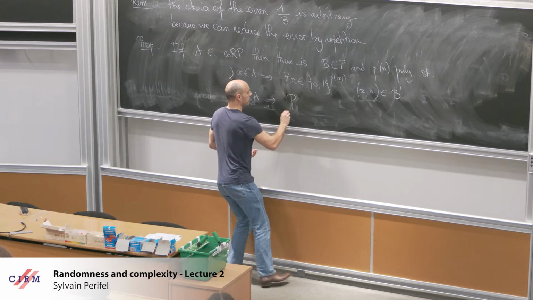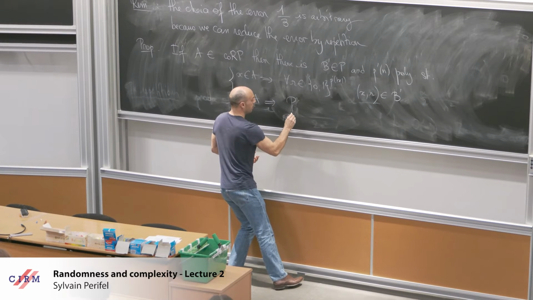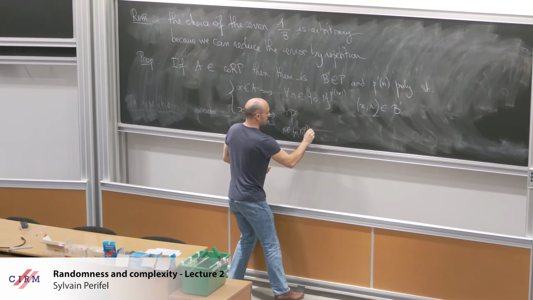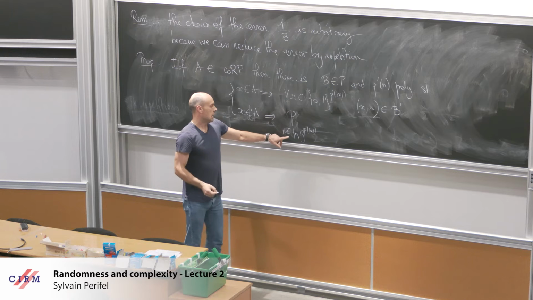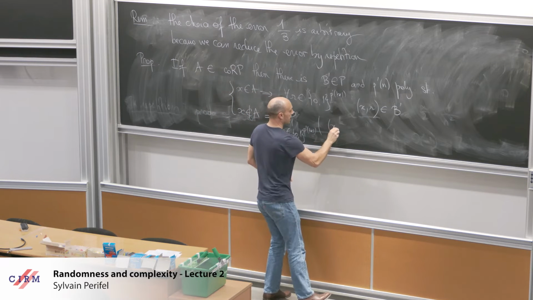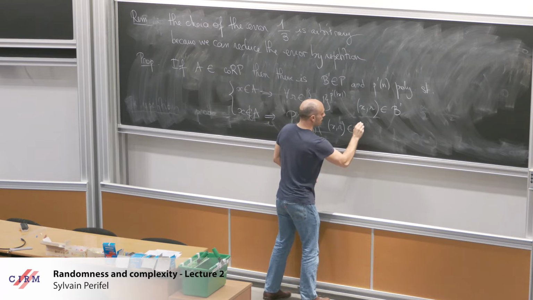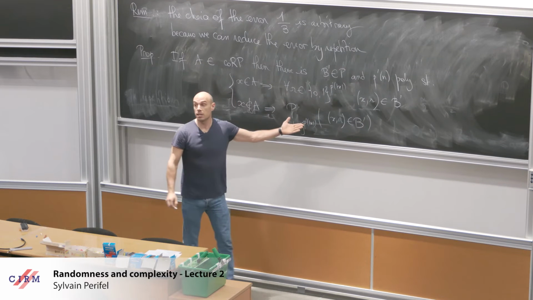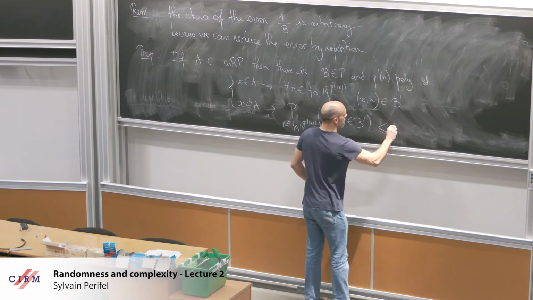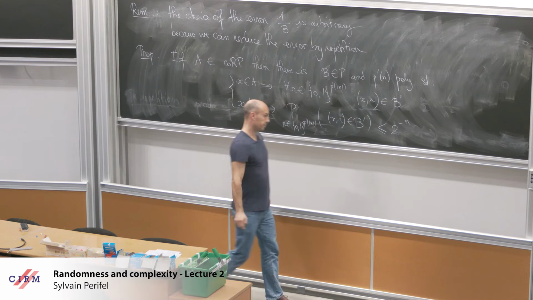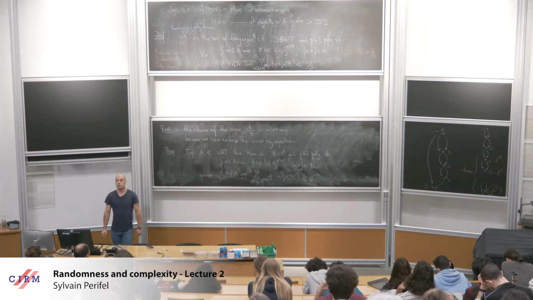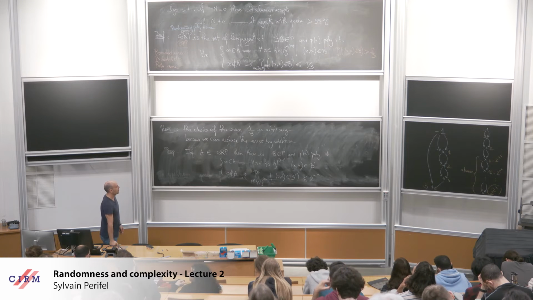So if you take random bits in this set, a polynomial number of random bits, the probability that XR is in B', so that it accepts by mistake, is less than 2 to the minus n. So a very small probability of error, which is not constant anymore, but very small, okay?